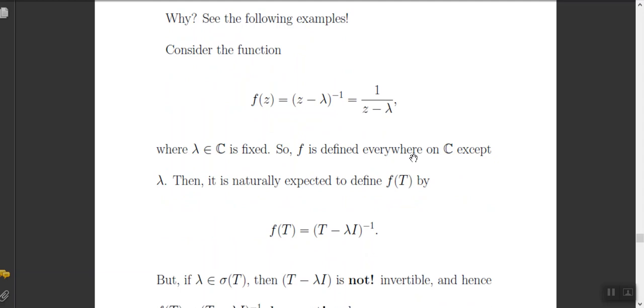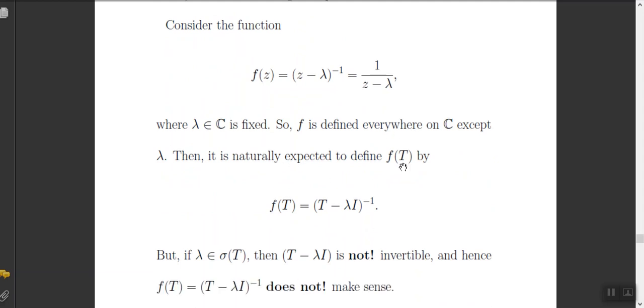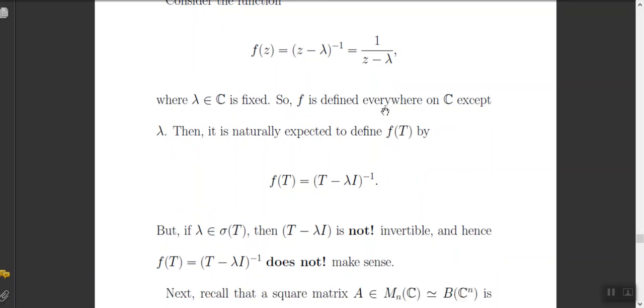So the function f is not defined at lambda. It is defined at every complex number except lambda. Now, let's say t is a bounded linear operator, and we follow the formula of f. We have z minus lambda, where lambda means lambda times 1, so I can define f of t to be t minus lambda times I, the identity operator, inverse.